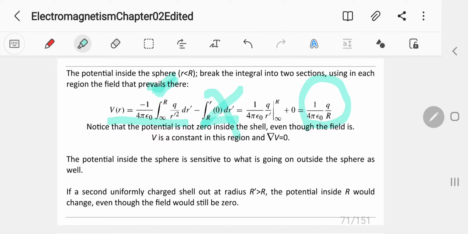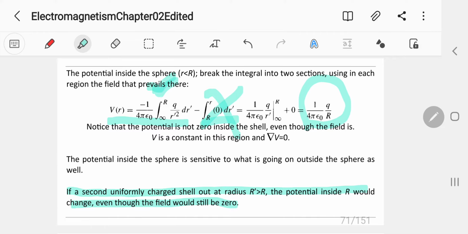So if there is a second uniformly charged shell at radius r prime greater than R, the potential inside would change even though the field would still be 0. There will be an added potential if you enclose that sphere with another charged sphere, so the potential inside would change as well, but it's still constant inside.